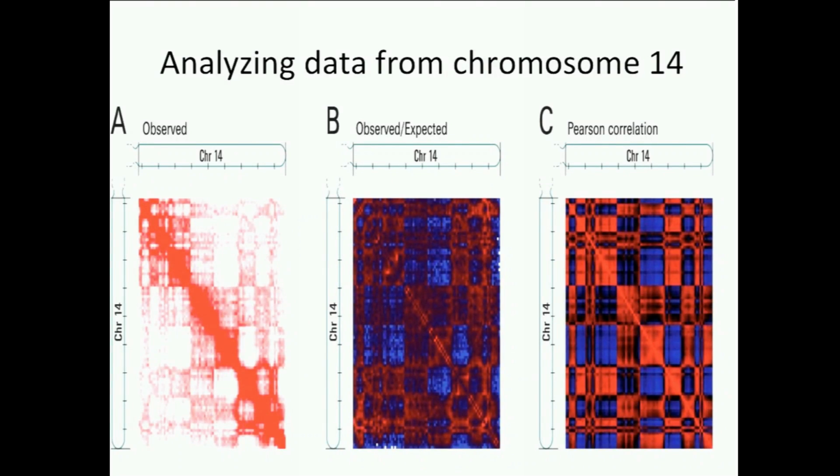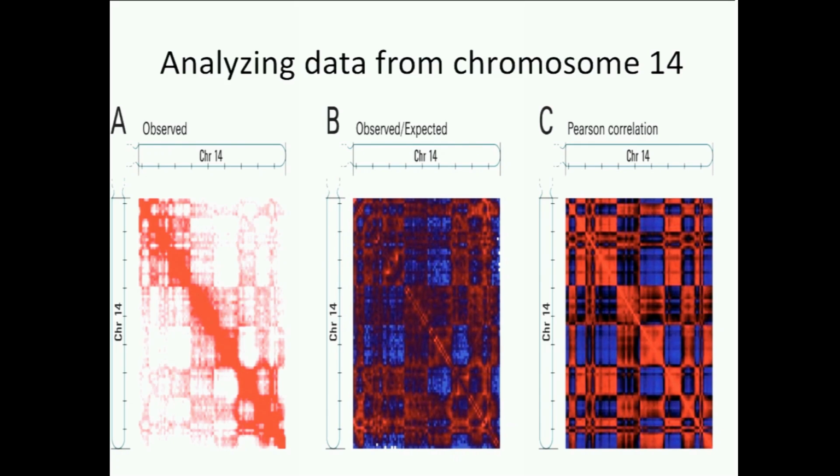You can produce these heat maps that tell you how often each region in the genome will be linked or will be near another region. So this is what you would observe in the experiment. Then you can say, well, this is what I observed, but what I observe might be biased by the experiment.